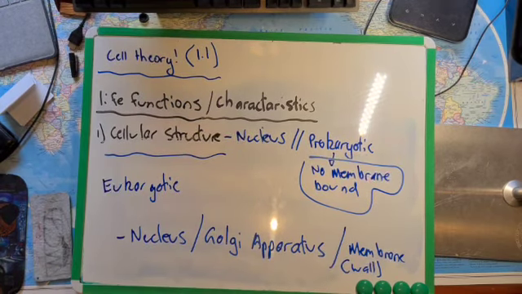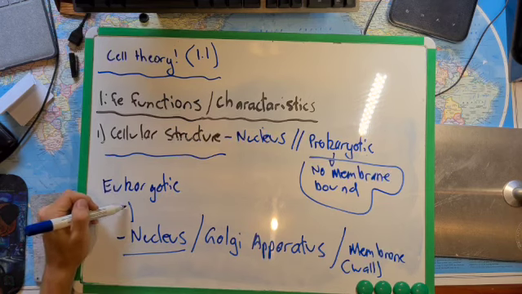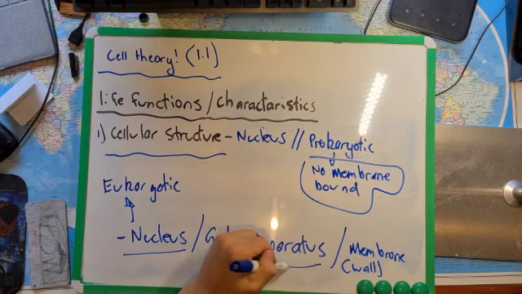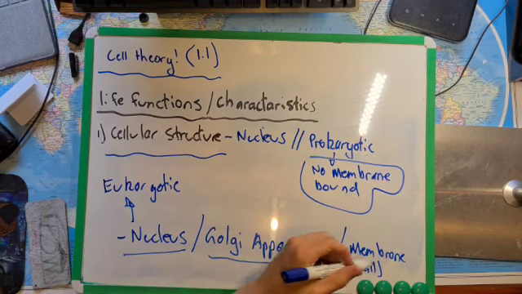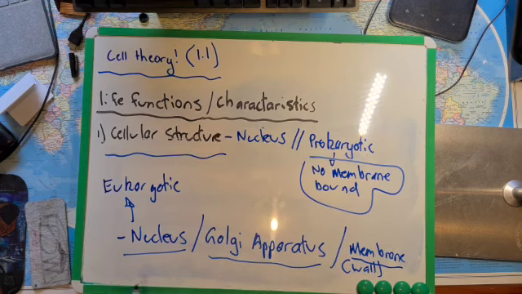Some examples of structures within cells are your nucleus within your eukaryotic cells, your Golgi apparatus, and your plasma membrane, with a cell wall also being present in plant cells.